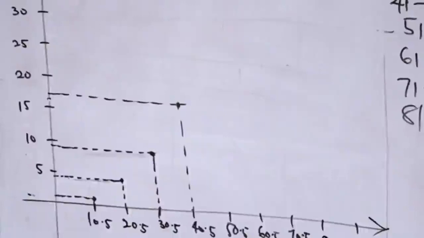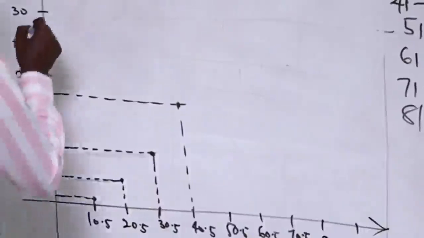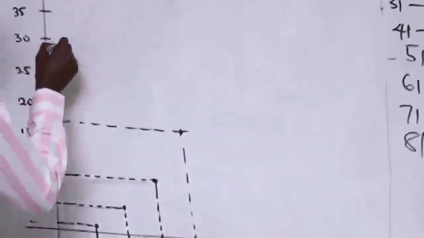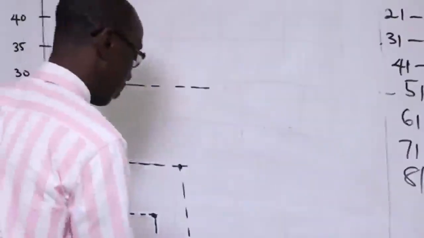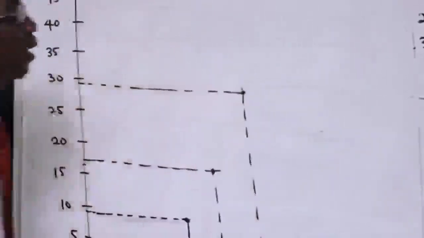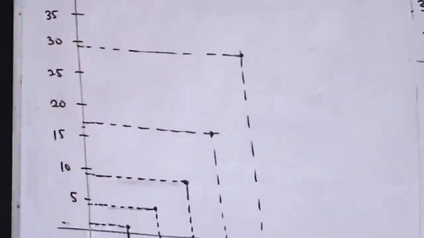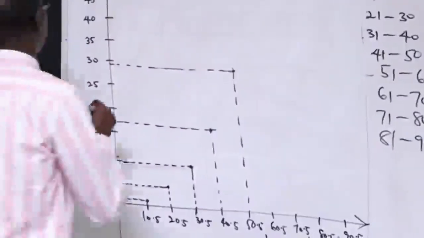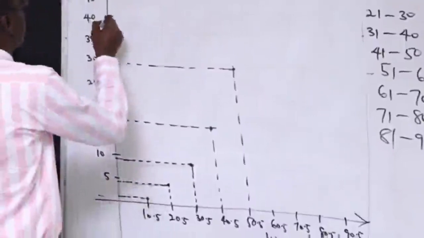Okay. What's the next one? 29. 2 O's down from 30. Then 39, 2 O's down from 40.